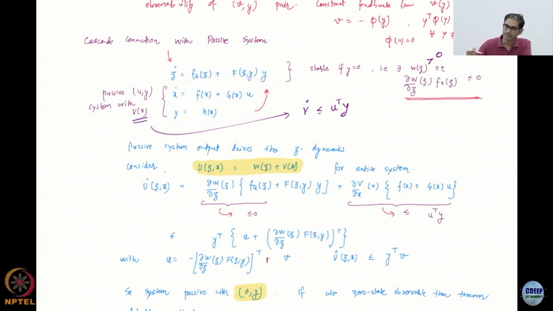If y is 0, then this system is just z dependent and it is a stable system. But we also know that I can do nice things with y because of passivity in this case, and that is what is driving this system.